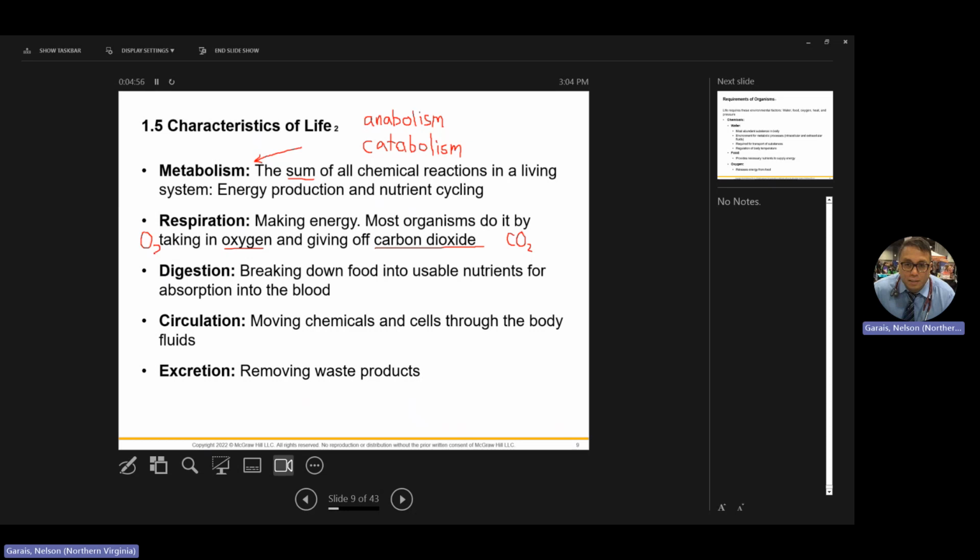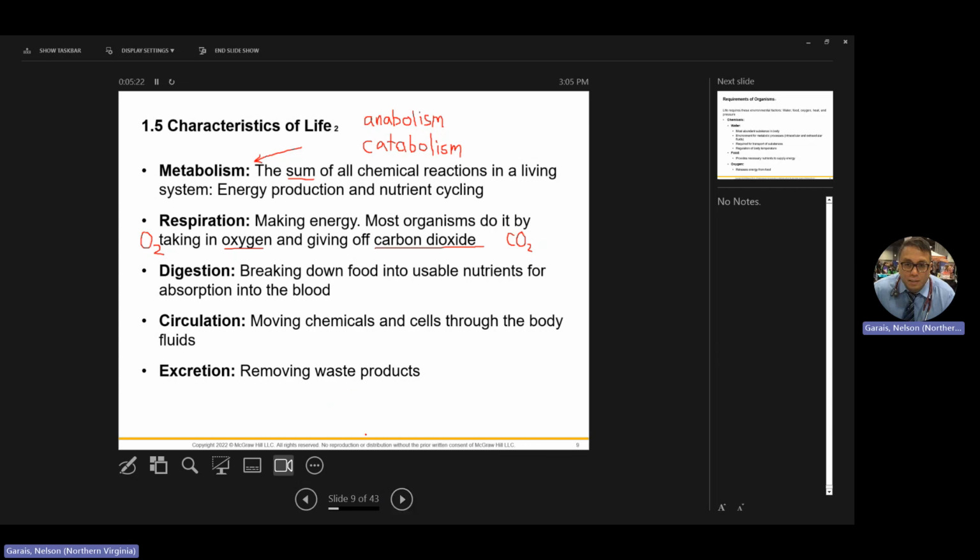So, digestion is the breakdown of food into usable nutrients for absorption in the blood, and it goes along with metabolism or catabolism, and that's your digestive system. Circulation, of course, the cardiovascular system. You want to move things throughout your body, and of course, excretion is waste, okay?